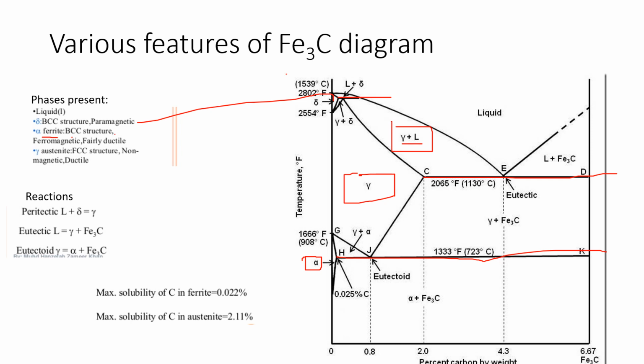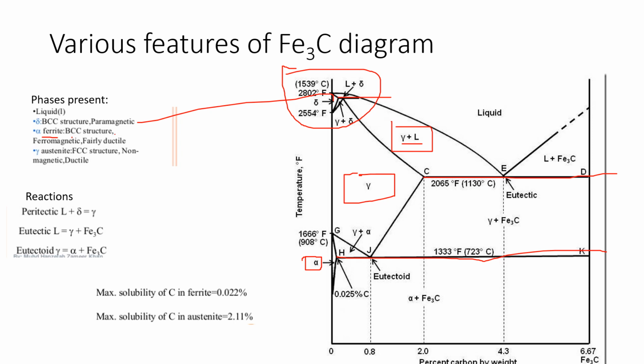The small portion of the diagram in the upper left corner is known as the delta region. This one is the delta region. We will explain this further. We will zoom in on this small region and explain the different reactions which take place.